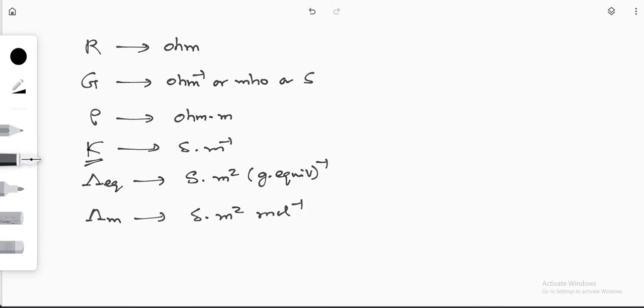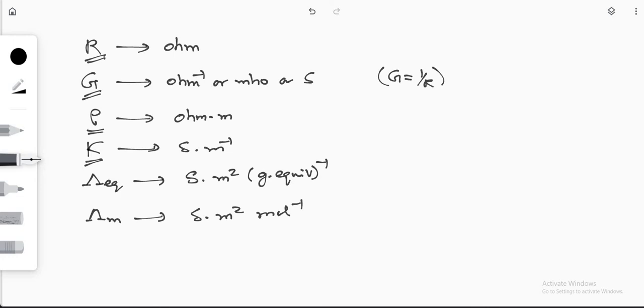This is the unit for molar conductivity. Okay, take down. Resistance is nothing but the obstruction given by the material to the flow of charge. G is nothing but conductance. Conductance is the reciprocal of resistance. Last class we discussed that.